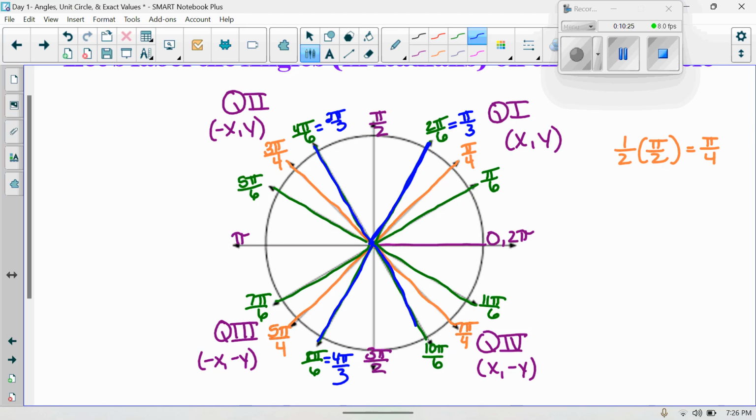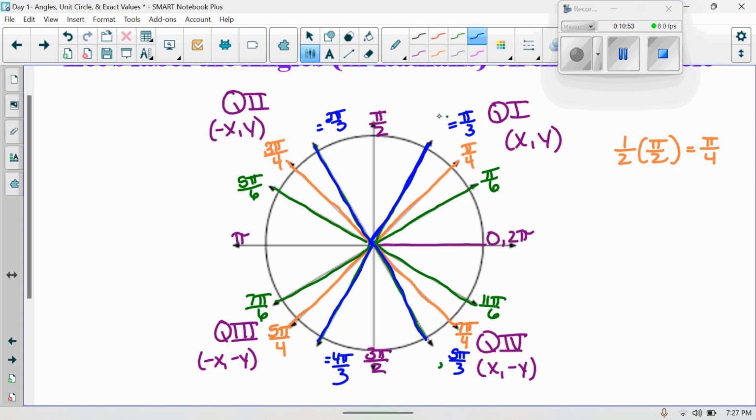And 10 pi over 6 is going to reduce to 5 pi over 3. So now if I erase those reduced angles, what you will notice is that each of my quadrants has a pi over 6, a pi over 4, and a pi over 3. Those are going to be your reference angles.